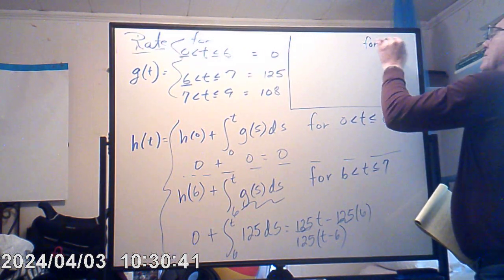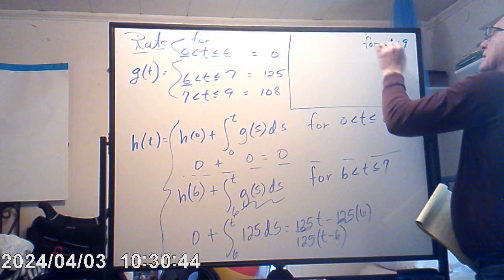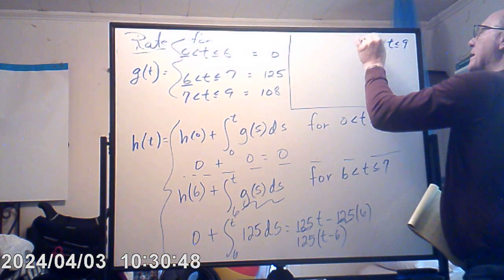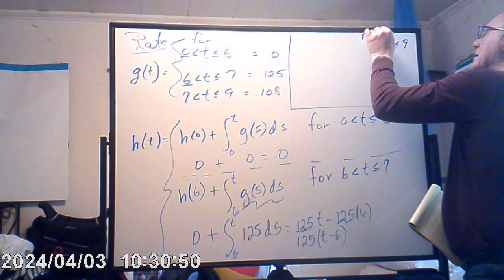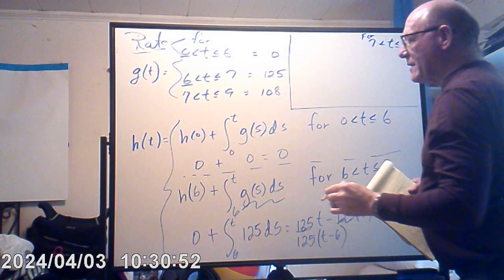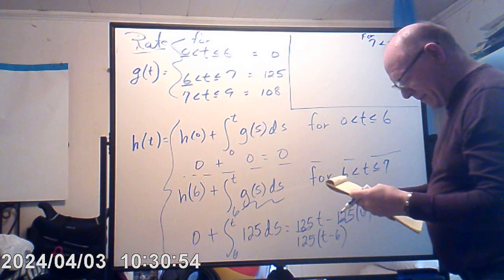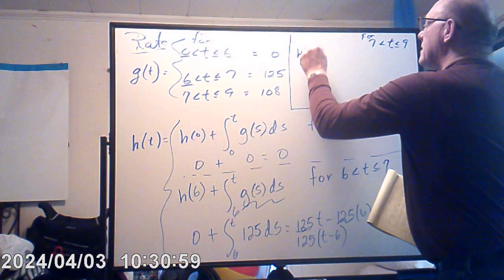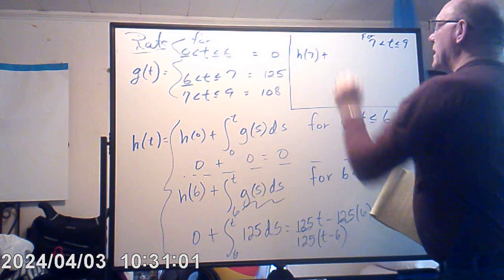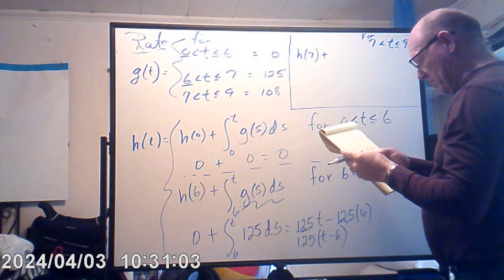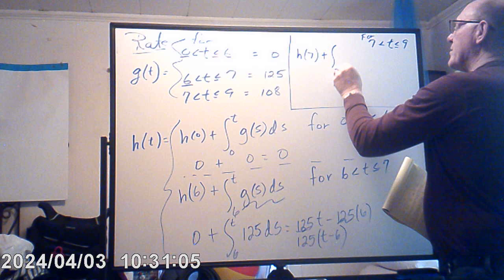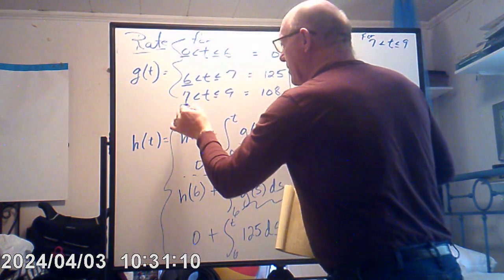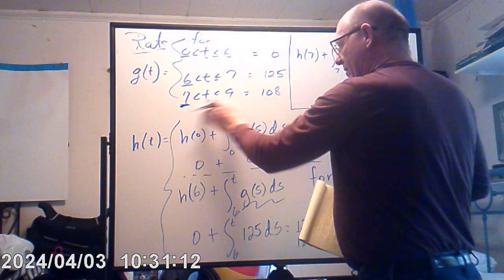So for that time, we have h at 7 plus the integral from 7 to t. Each time you're just going from the beginning of this time period.